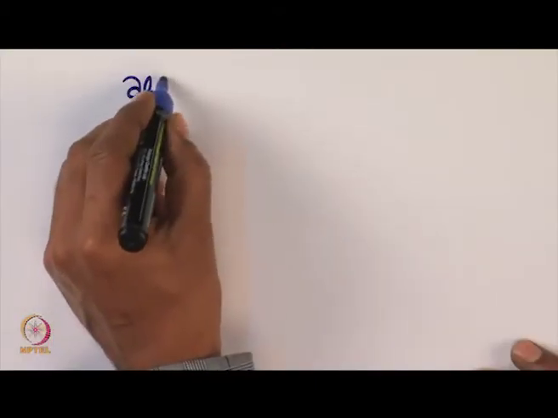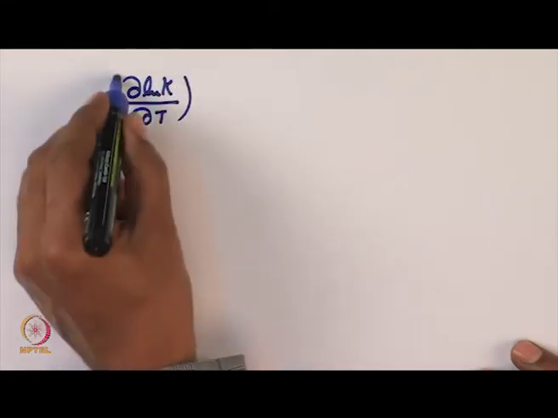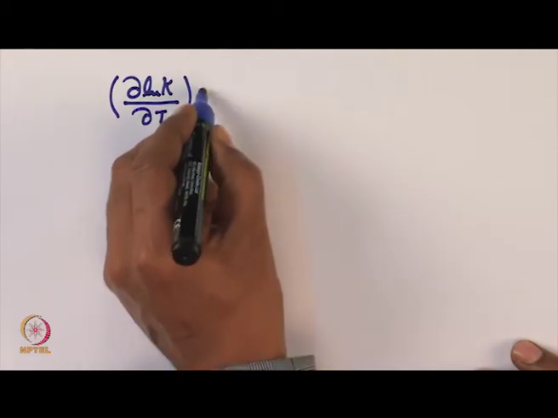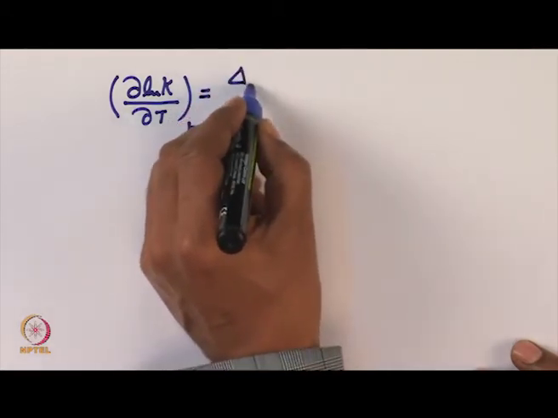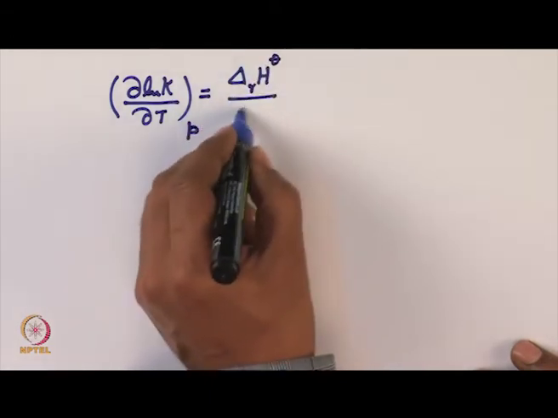Let us see what is Van 't Hoff equation. It is d log k by dT at constant pressure is equal to reaction enthalpy by RT square.